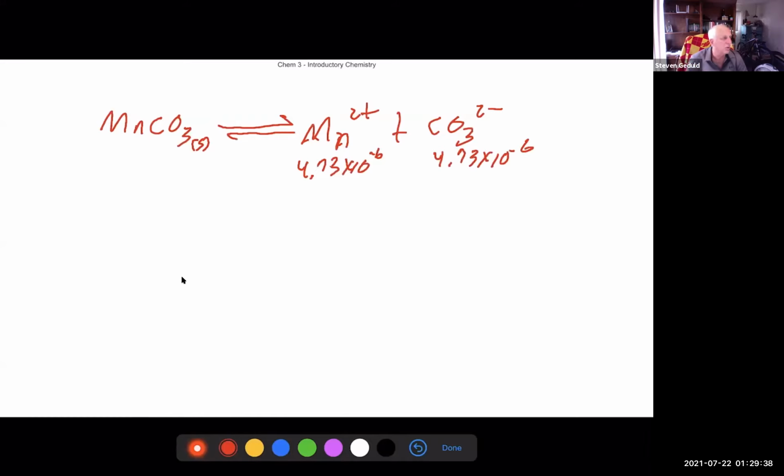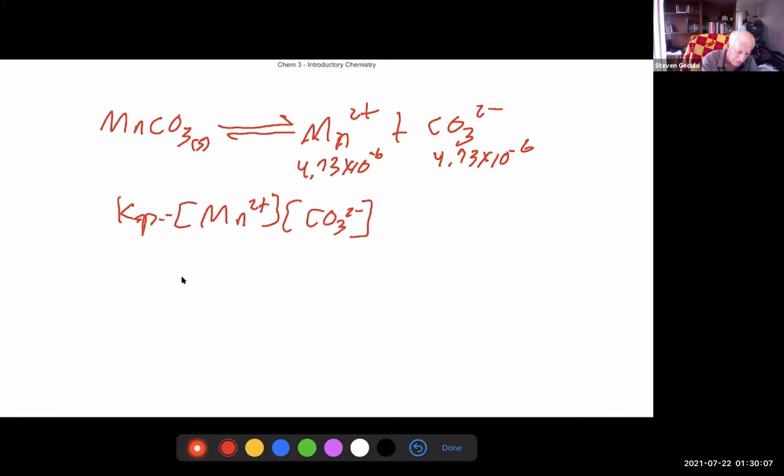Okay, and it wants to know, write an equilibrium expression and calculate the value of the Ksp for this constant. So the solubility product is your equilibrium constant, just dealing with solubility of a solid. Okay, so Ksp is equal to products over reactants. So your products are the concentration of manganese 2 plus and the concentration of carbonate 2 minus.